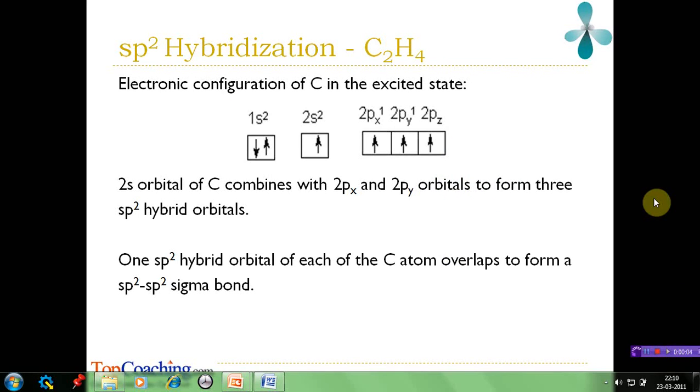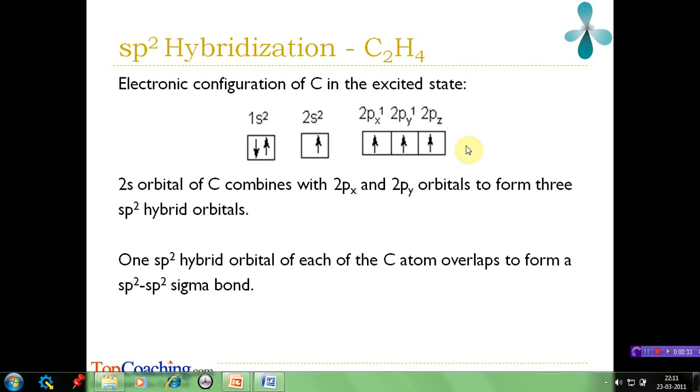The second type of hybridization is the sp2 hybridization. As the name itself indicates, 1s and 2p orbitals participate in this type of hybridization. Its example is ethylene or C2H4. Now we have already understood how carbon acquires this electronic configuration in its excited state, which has four unpaired electrons in it.